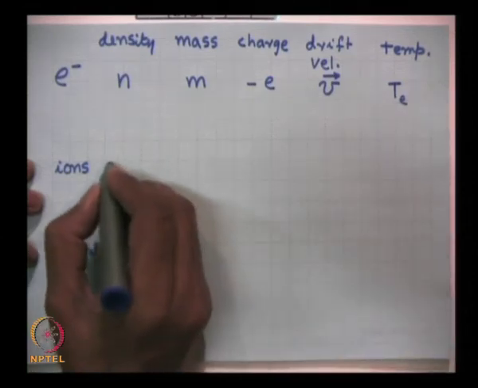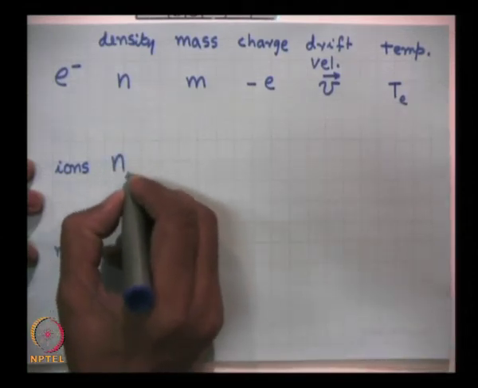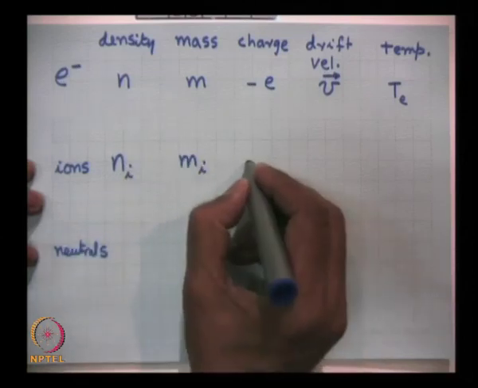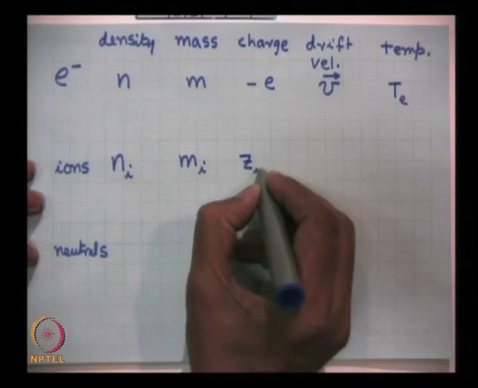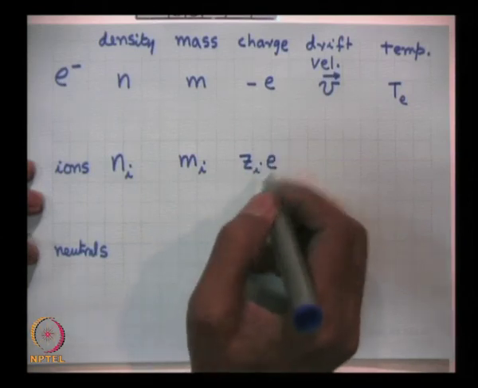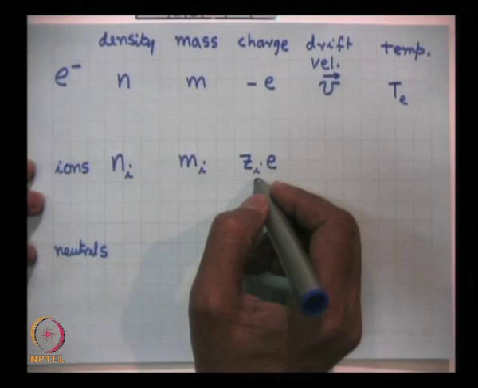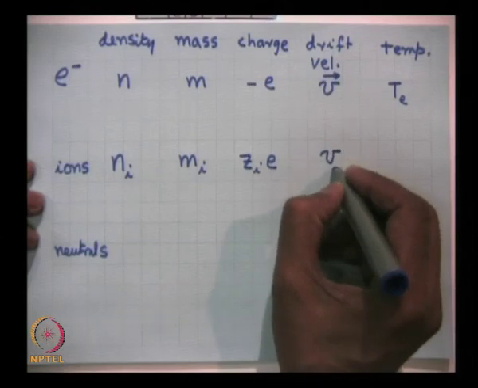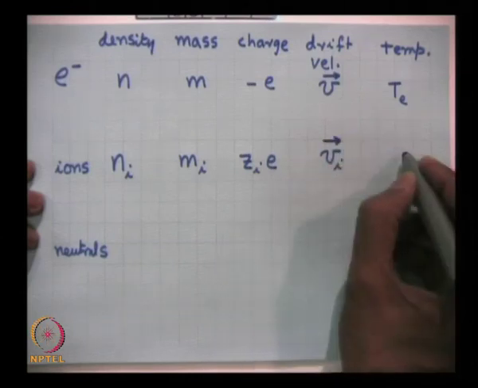For ions, density will be denoted as Ni, mass as Mi, charge as Zi into e, where Zi is called the charge number. For singly ionized ions, Zi is unity, drift velocity as Vi, and temperature as Ti.